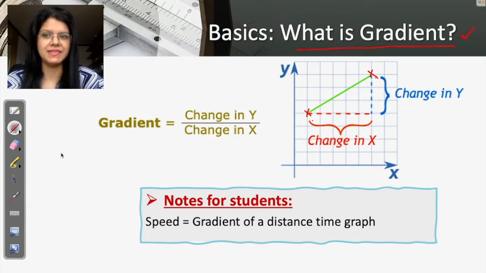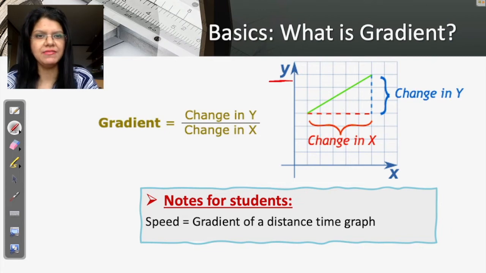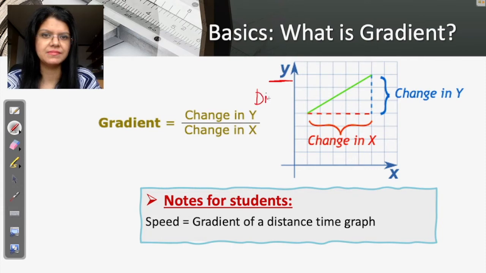But if it is a distance time graph, this is just a normal graph. Let us now convert it into a special distance time graph. So if it is a distance time graph, what will you have on the y-axis? On the y-axis you'll have distance. And what will you have on the x-axis?